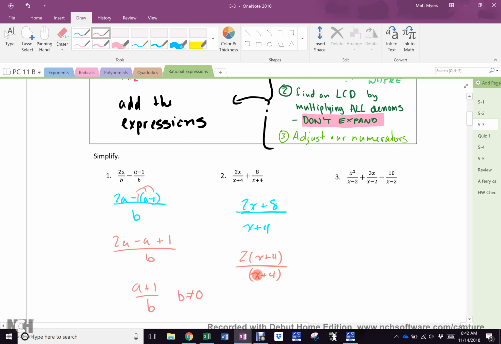Multiplied, what do I do? Restrictions. Any restrictions? X can't equal negative 4, and then what? Simplify, simplify, simplify. Cancel, cancel. What's the answer? 2. Good? Good. All right. Last one. You guys do it. Go.